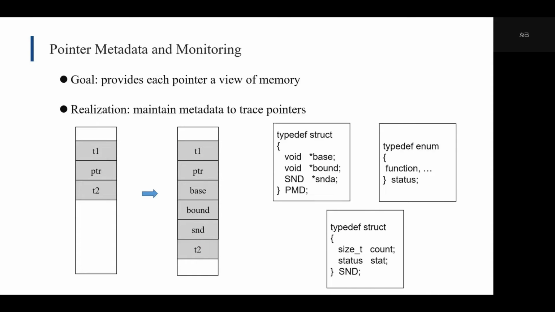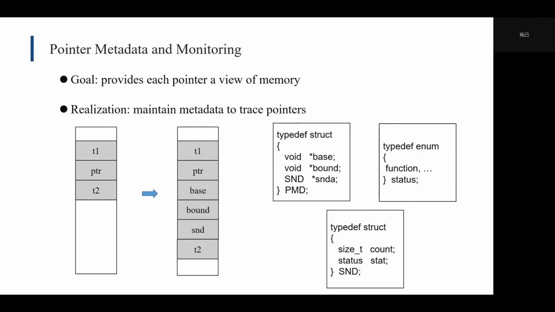Pointer metadata and monitoring is a dynamic analysis technique to detect bugs at runtime, which commonly maintains metadata to trace pointers if an unexpected condition is happening, for example, the address of the pointer going out of bounds.